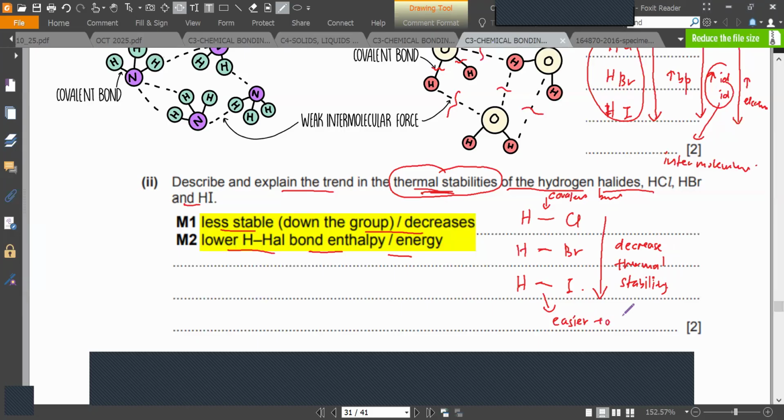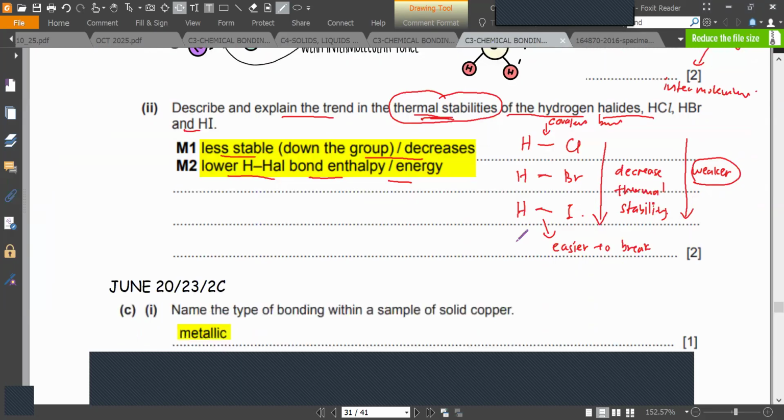It's easier to break the HI bond. Why? Because going down the group, the covalent bond is weaker.